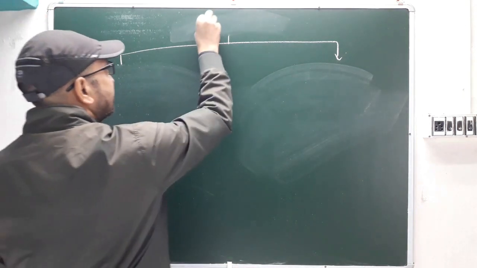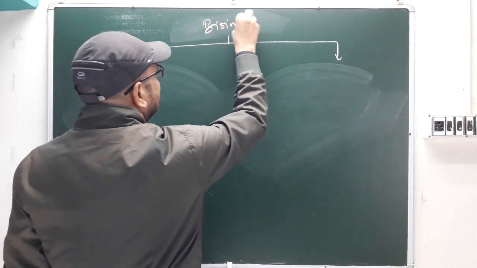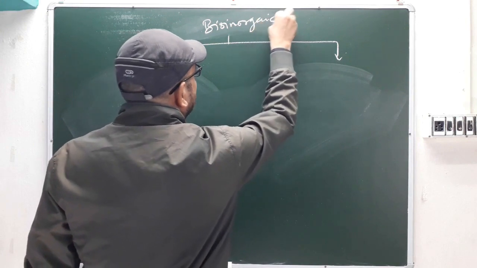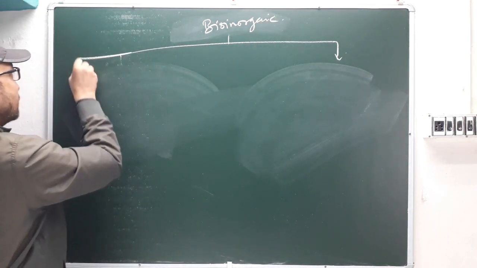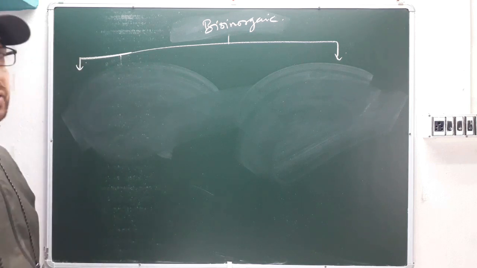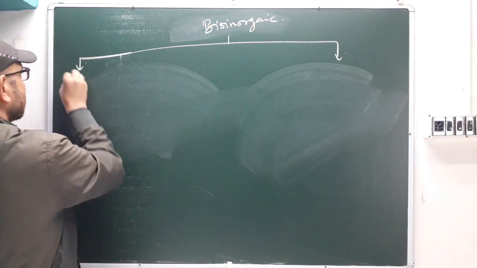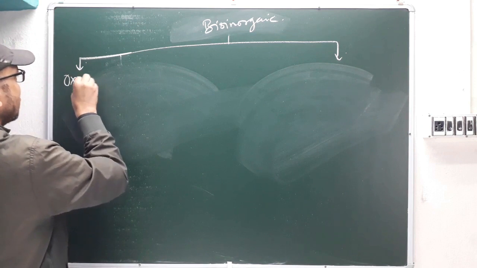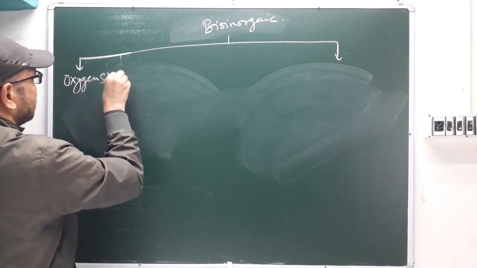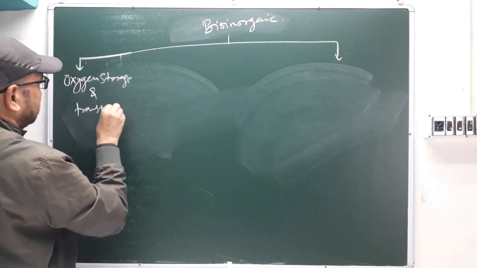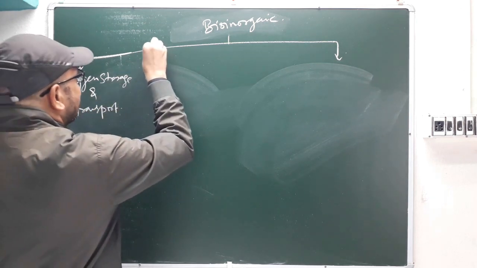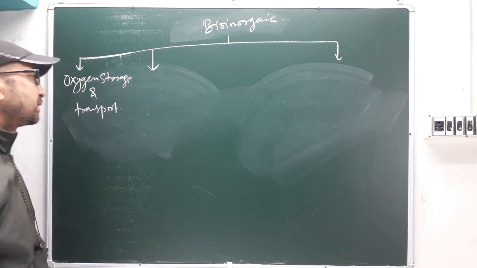So we'll write here bioinorganic, and then we'll classify based on function. First will be oxygen storage and transport.